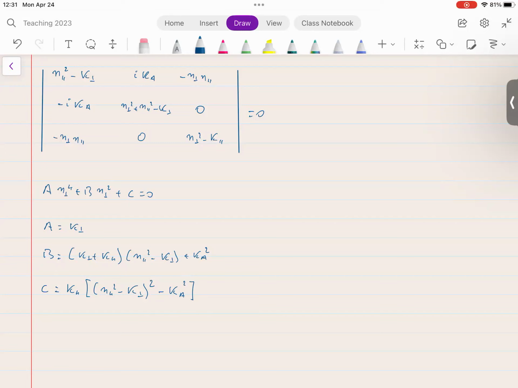Okay, so this is the dispersion relation. And as you can see, this is going to give me n perp, or n perp square if you like, as a function of n parallel. So that's the idea.